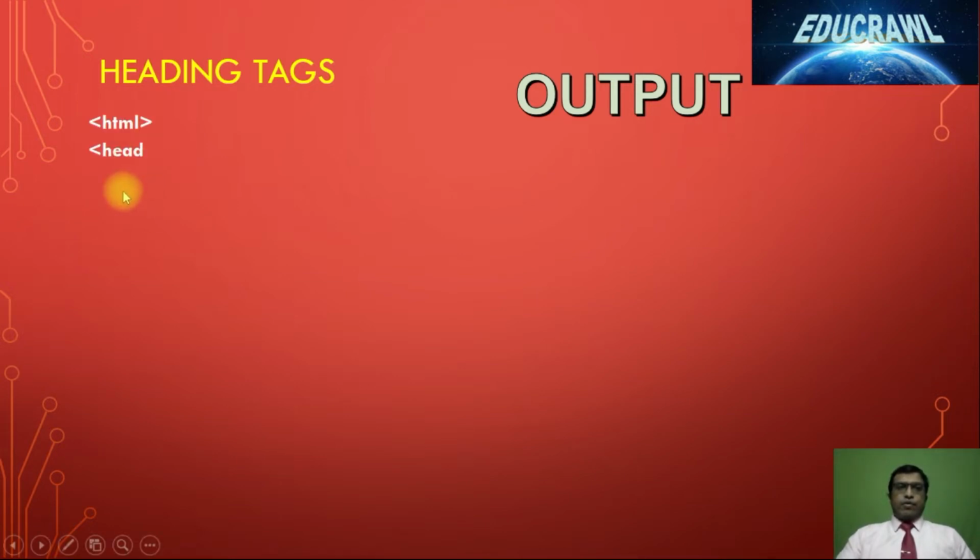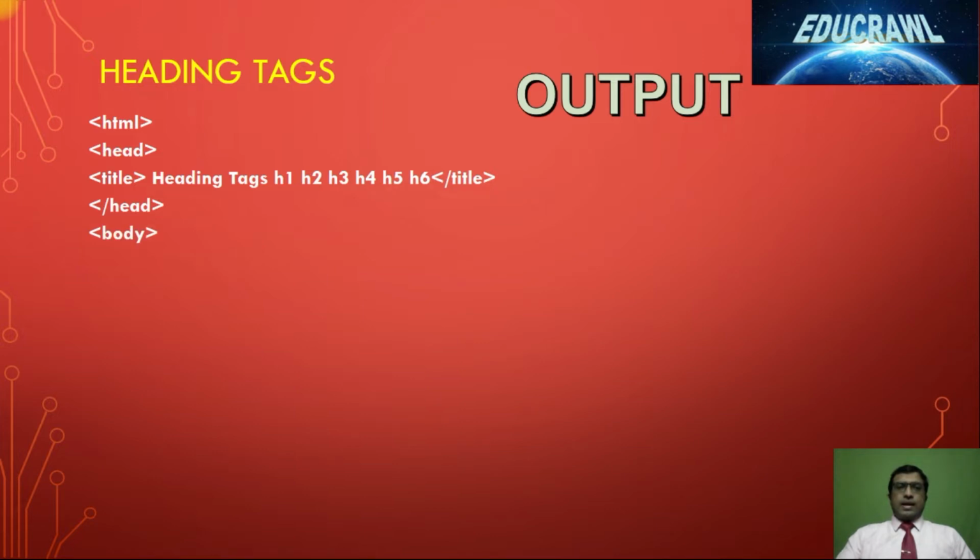HTML followed by head, then we have to give title. The title name is heading tags H1, H2, H3, H4, H5 and H6. Then you have to close the title tag. Then you have to close the head tag. Now you can start the body tag.